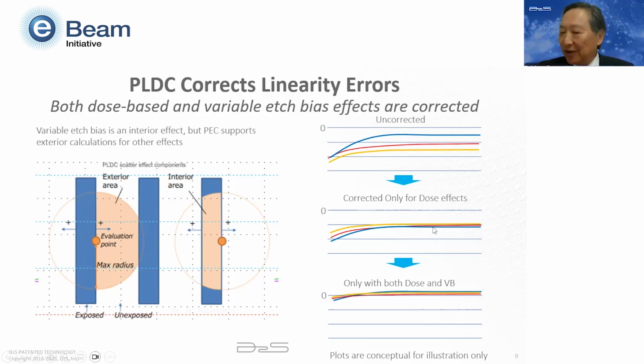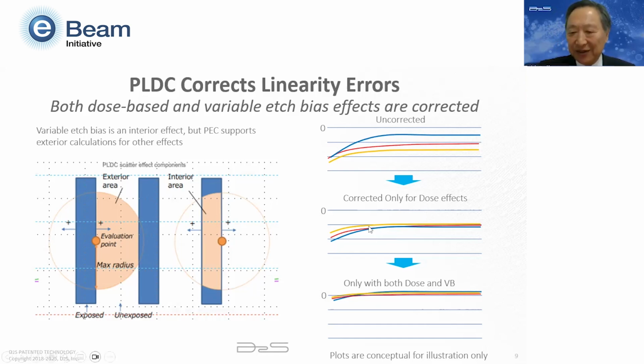If you only do dose-based correction, though, you can only get some progress, right? You also have a constant offset, which you can correct with a constant offset, right? But when you do variable bias correction together with dose-based correction, you get a pretty flat line. Okay, it's not 0 across the whole thing, right? But it's a pretty flat line.